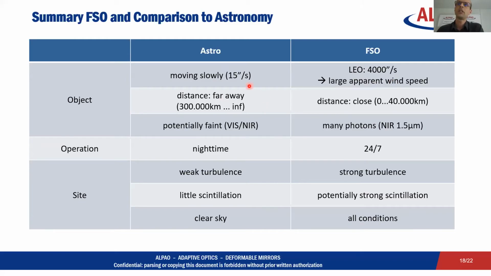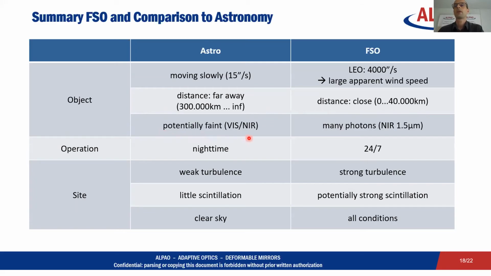For optical engineering, there are a couple of differences. In astronomy, you're looking typically at objects that are at infinity, whereas FSO can be as close as a couple of 100 kilometers. In terms of optical design, here it becomes a bit simpler in FSO.